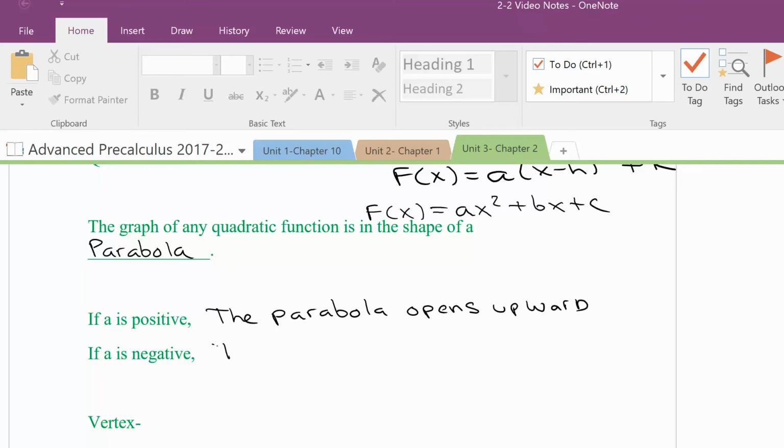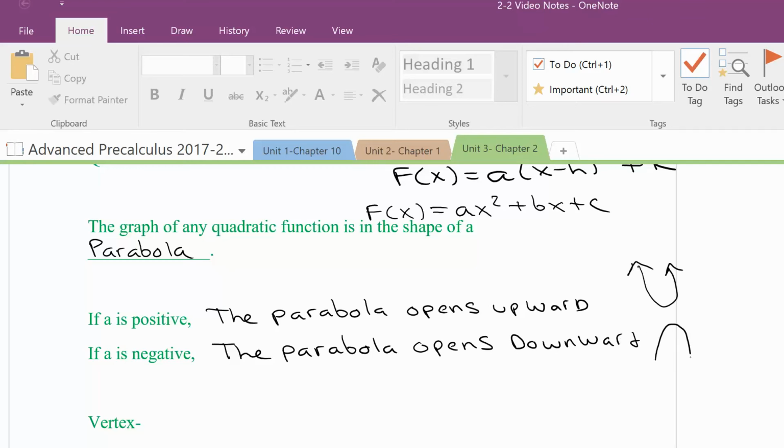And if a is negative, the parabola opens downward. So it's either going to be like that, positive, or that, negative.